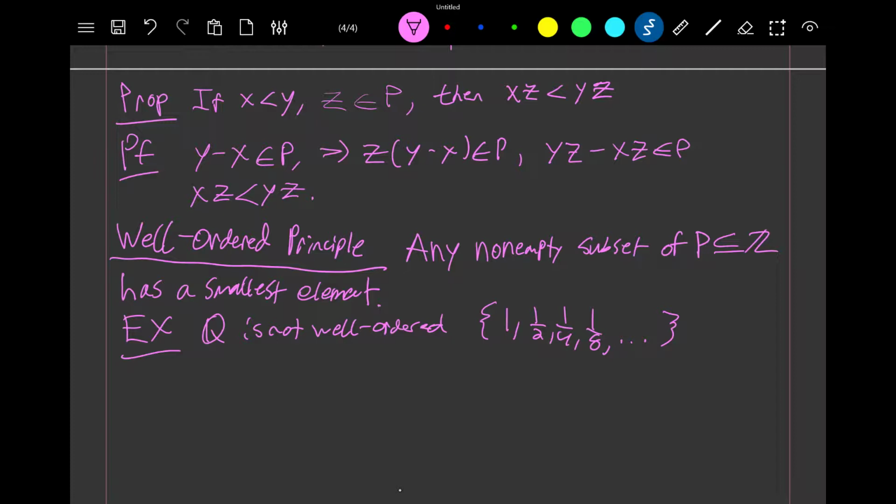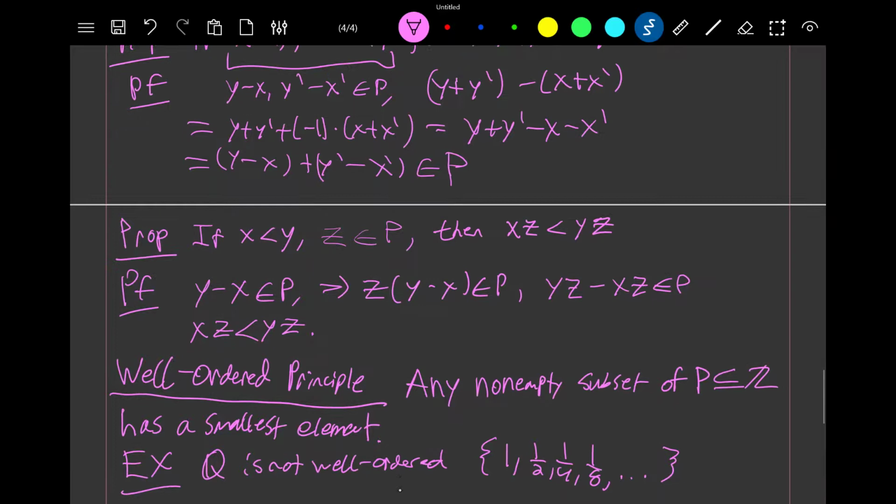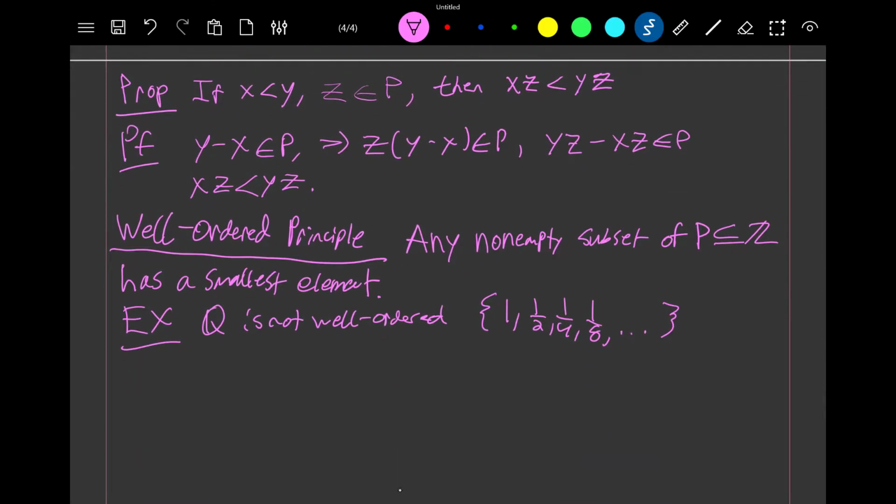This is an infinite decreasing sequence, and there's no smallest element. And so we have the well ordering of the natural numbers, and this is kind of what separates the natural numbers. These are defining characteristics of what the natural numbers are. It's an ordered ring that satisfies the well ordering principle.